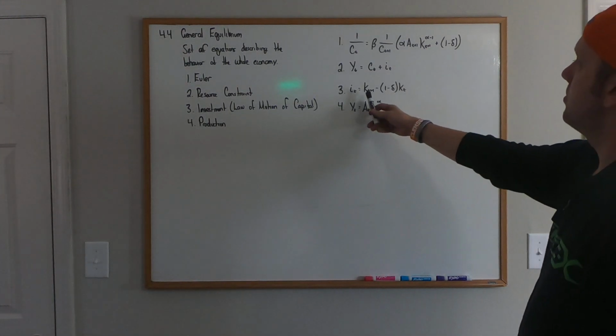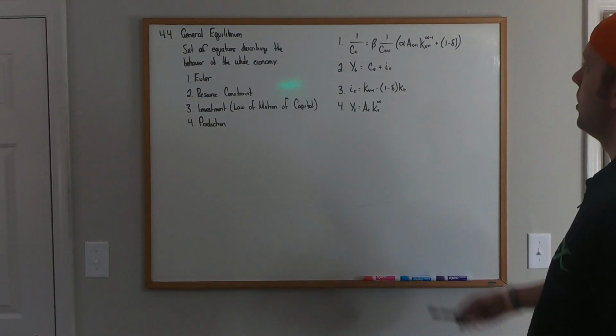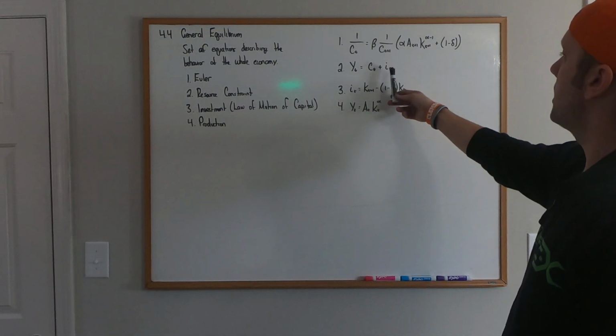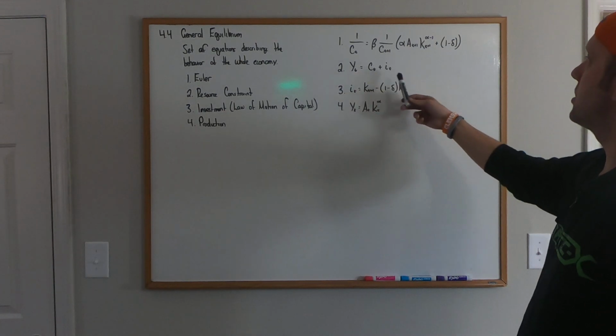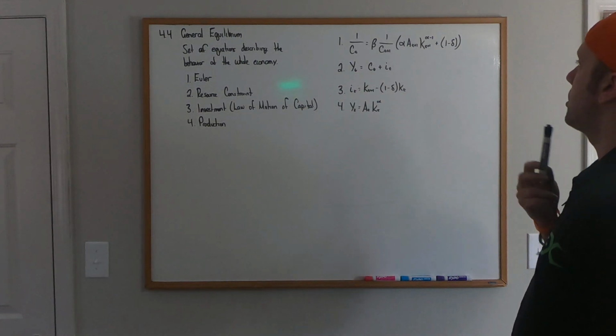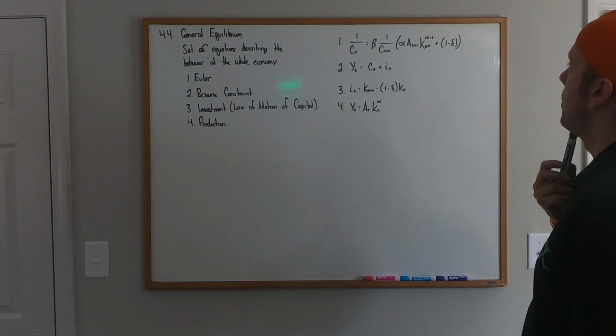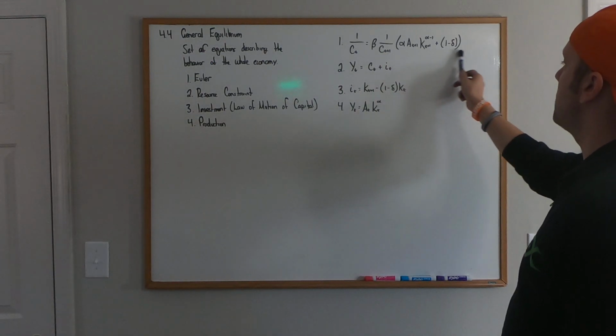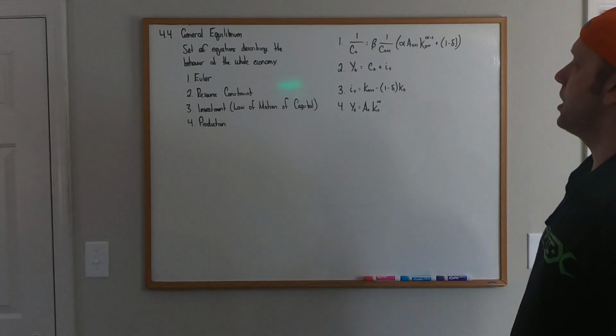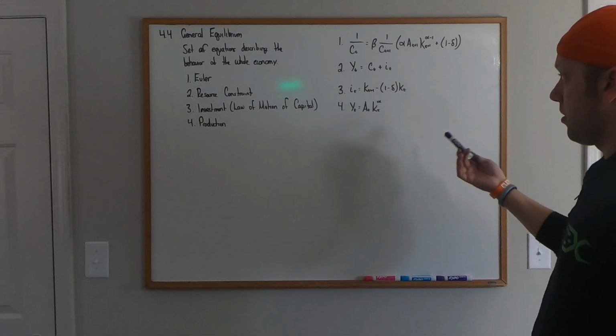Let's say KT plus 1 changes. That changes investment, so that changes consumption, changes the marginal product of capital, which will change everything within the Euler equation. And if this gets updated one period, it changes everything in production.